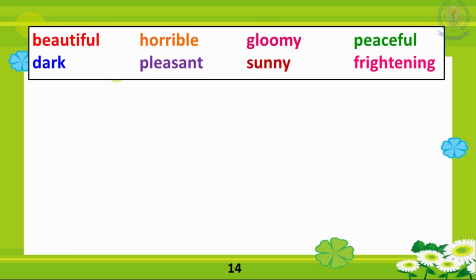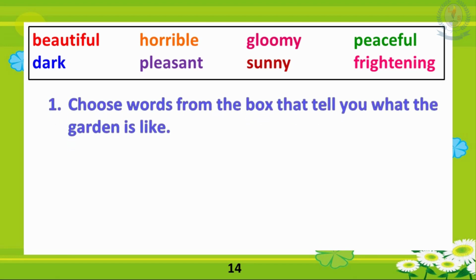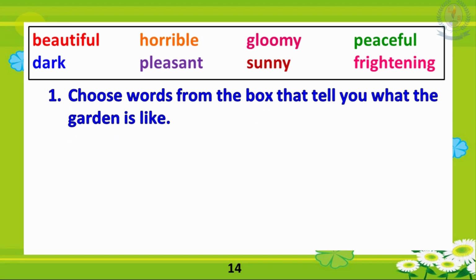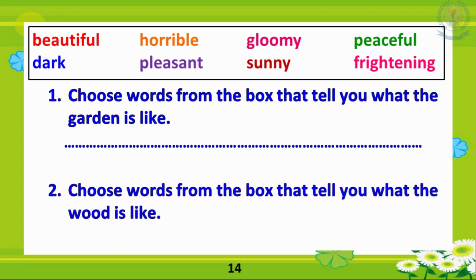Dear kids, can you read the words in the box? Beautiful, horrible, gloomy, peaceful, dark, pleasant, sunny, and frightening. Now, choose words from the box that tell you what the garden is like. Then, choose words from the box that tell you what the wood is like.